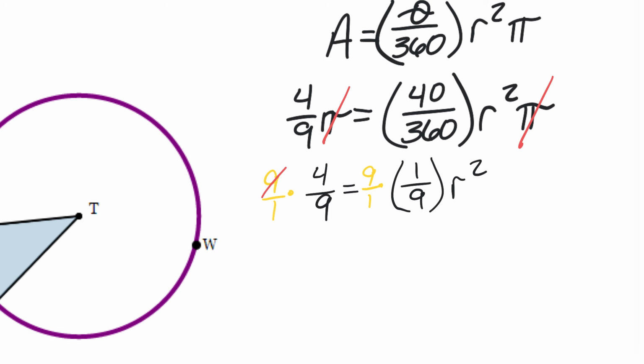Well, 9 over 1, these are going to cancel. 4 times 1 is 4, so we have 4 is equal to, and on the right side everything canceled, radius squared. Radius squared equals 4, excuse me. So we are going to square root both sides, and our radius equals 2.